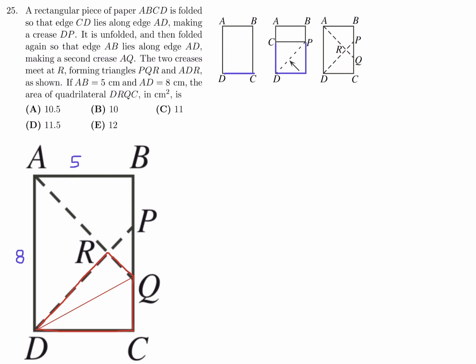So since AB is 5, CD is 5, because this is a rectangle, and when you folded it up and CD came up here, that CD is also going to be 5, correct? So that means that from here to here is 5.